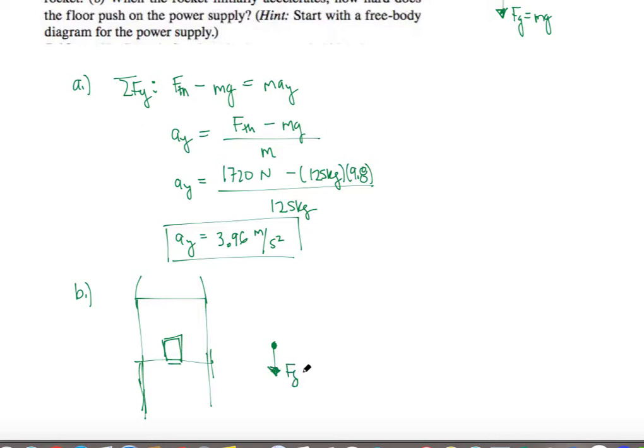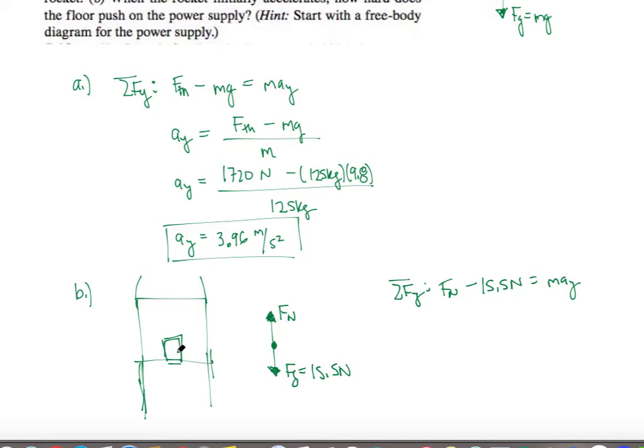So this is Fg, which is equal to, in this case, 15.5 newtons. And then I have some force pushing up from the floor, which is a normal force. So here, to sum my forces in the y direction, I would have a normal force minus this 15.5 newtons equals ma in the y.